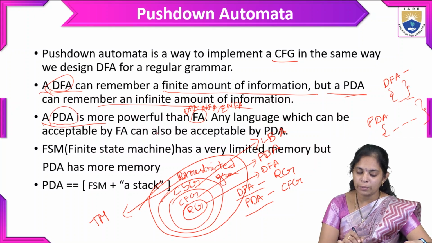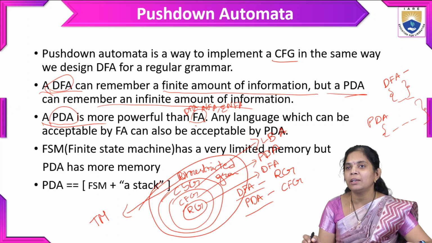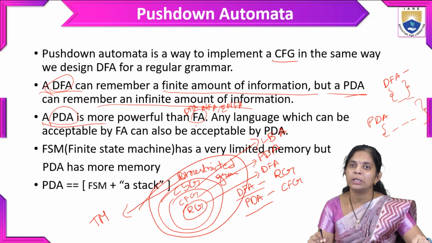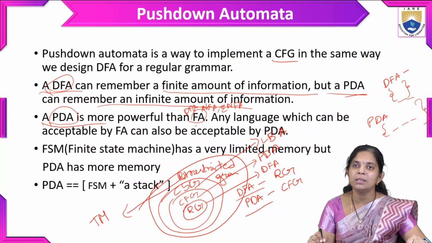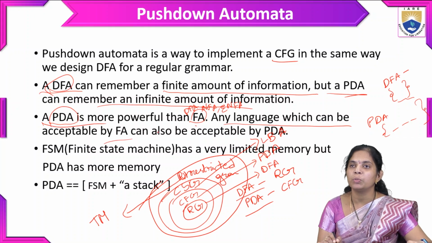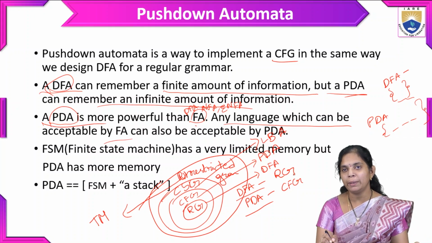The PDA is more powerful than these, since it is remembering an infinite amount of memory. So any language which can be accepted by finite automata can also be accepted by PDA.